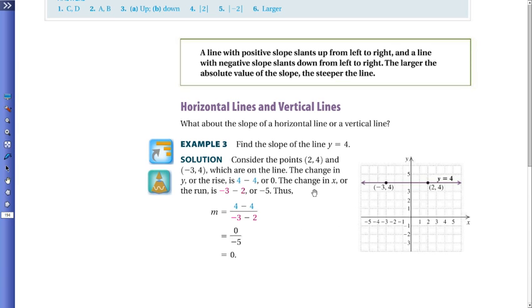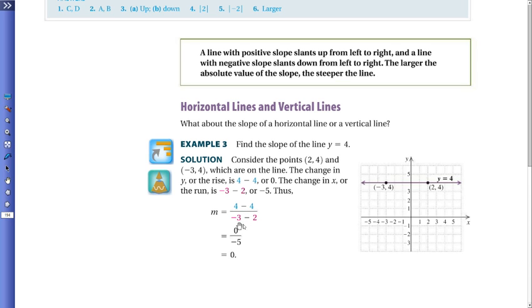If you think about that, again, this horizontal line stuff, we talk about this a lot. What is true about every ordered pair on this horizontal line? In this case, every y coordinate is 4. It has to be on this line. So if I take the difference of the y coordinates on any points, I'm going to end up with 0.